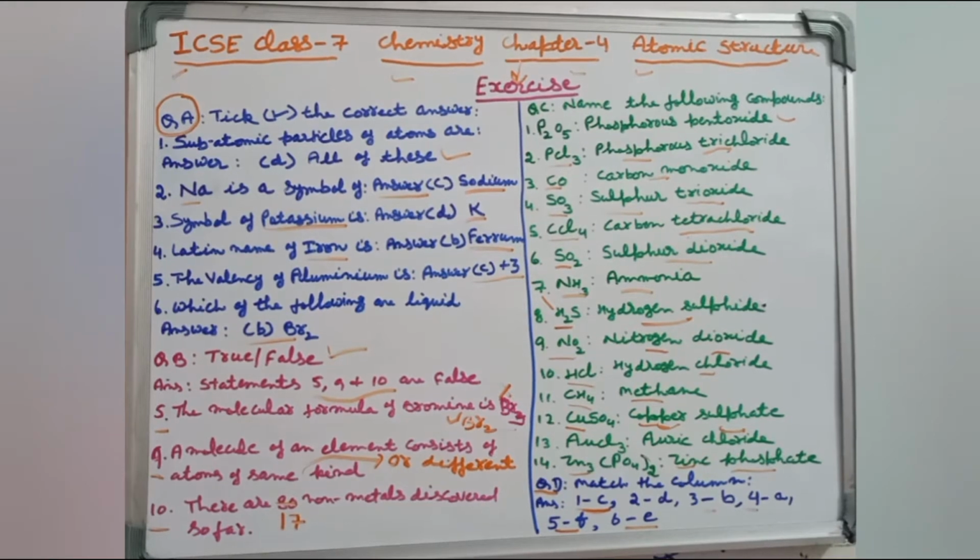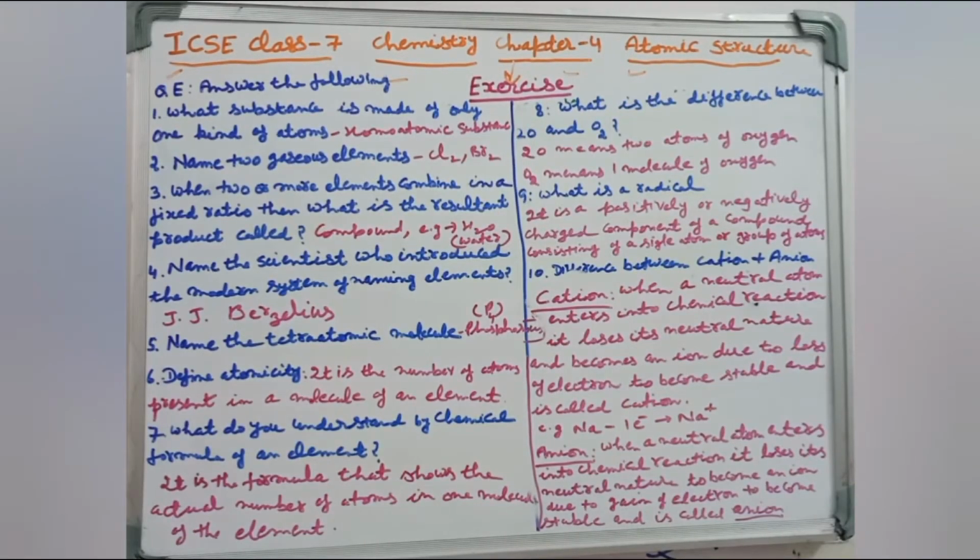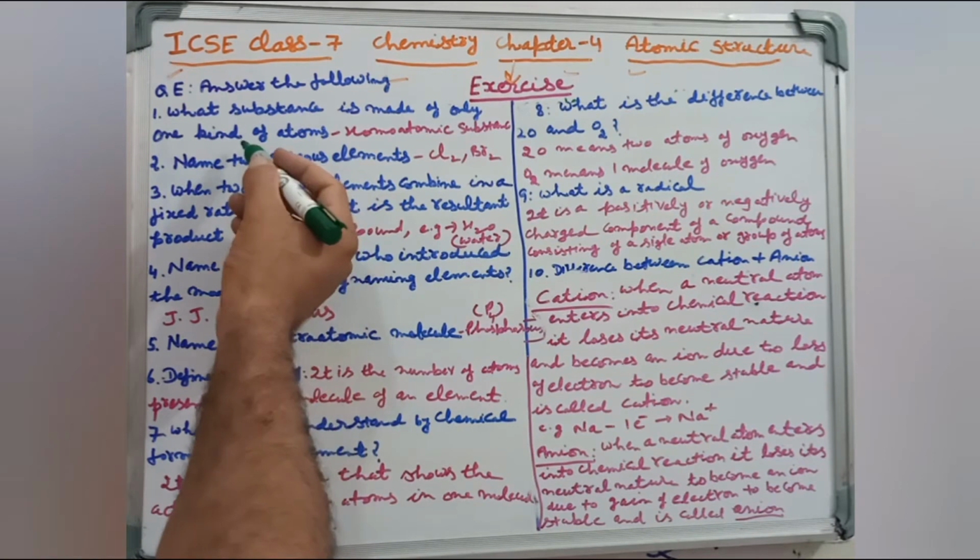Right, students? Now students, we will move on to question E, that is answer the following questions. First question: what substance is made of only one kind of atoms?